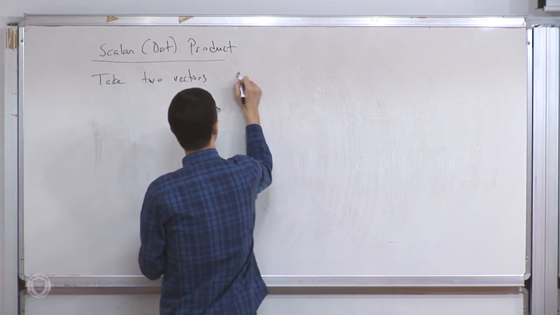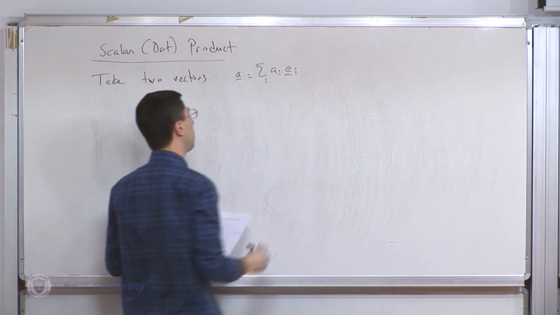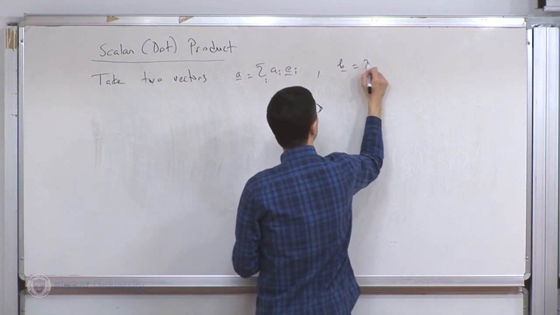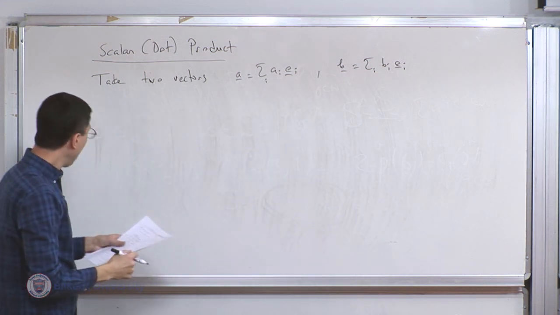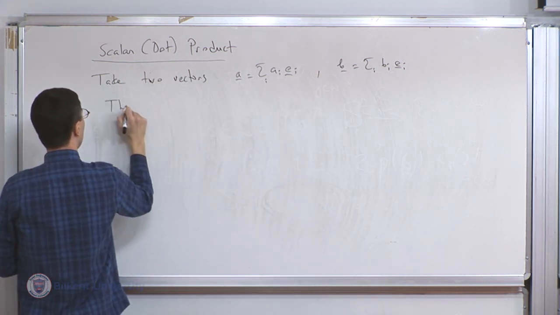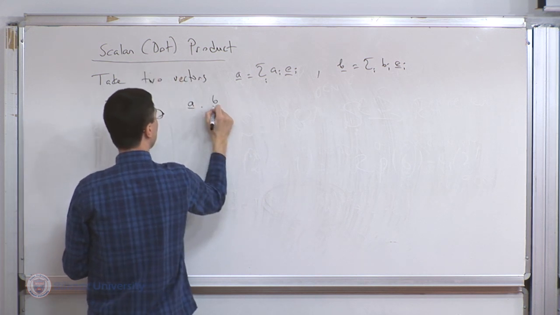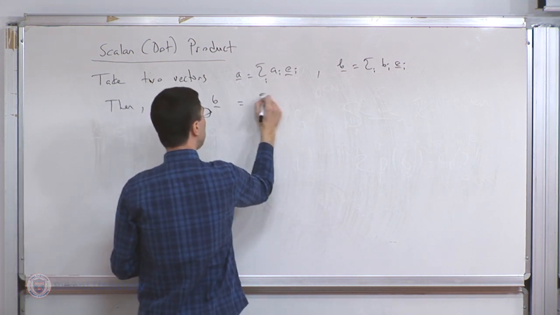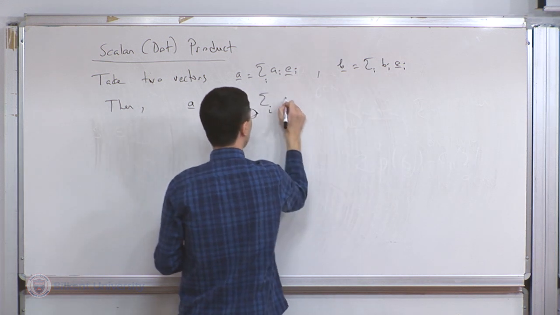I'm going to choose a vector A, and I'm going to denote it with components Ai. And then I will choose another vector B, which has components Bi. Okay? And then recall that we have the scalar or the dot product between these two vectors. What it means is that you simply multiply the components and sum them.